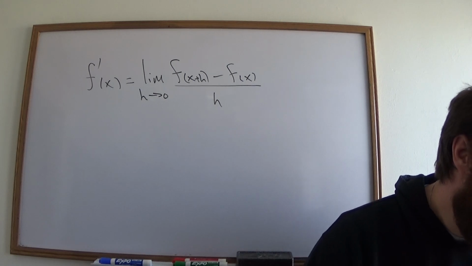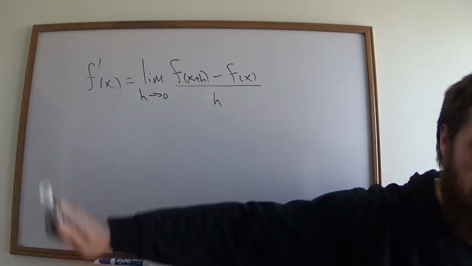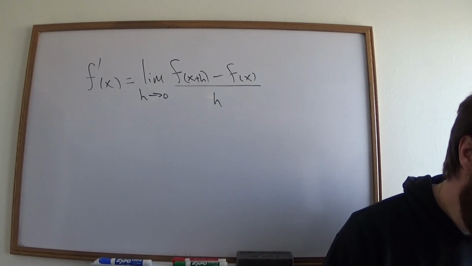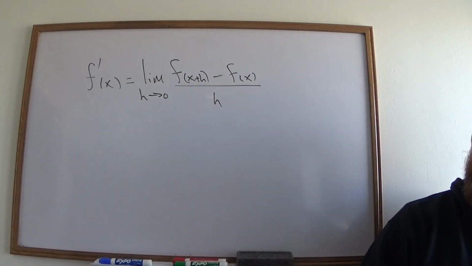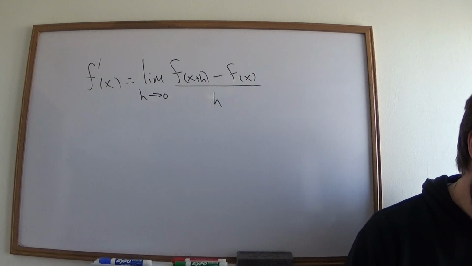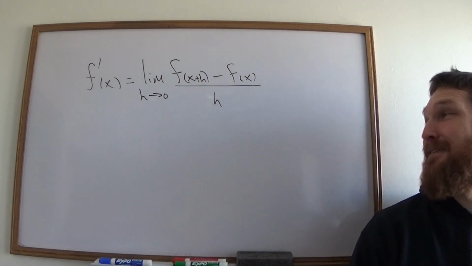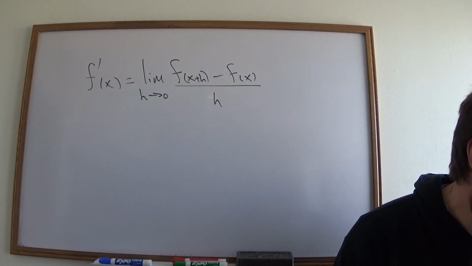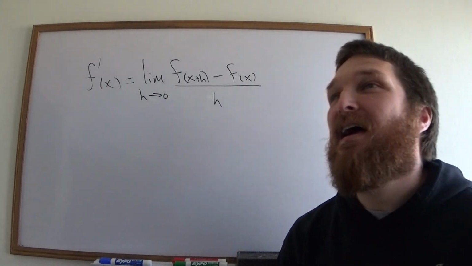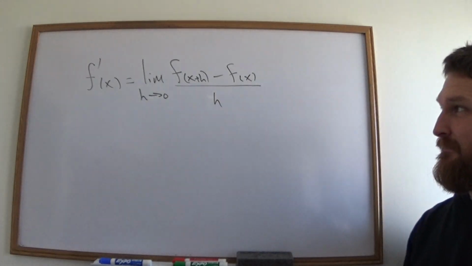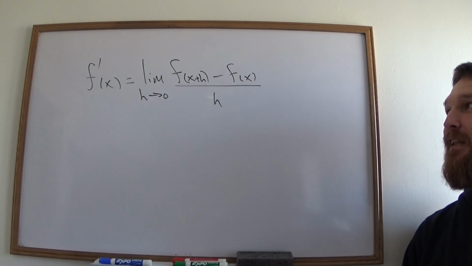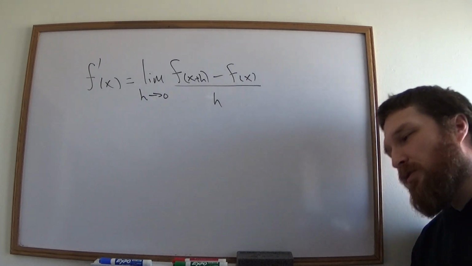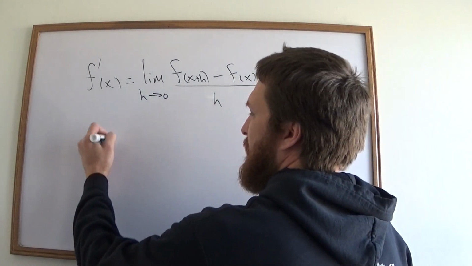Did I say, find f prime by using the definition of the derivative, the aforementioned properties? Yes, I typed in aforementioned. The aforementioned properties and L'Hopital's rule. So in order to use L'Hopital's rule, let's just think about this.